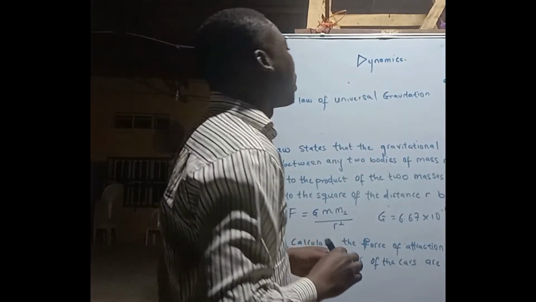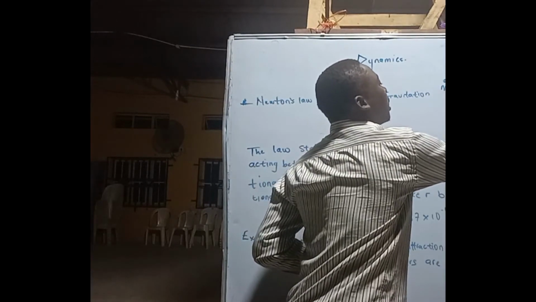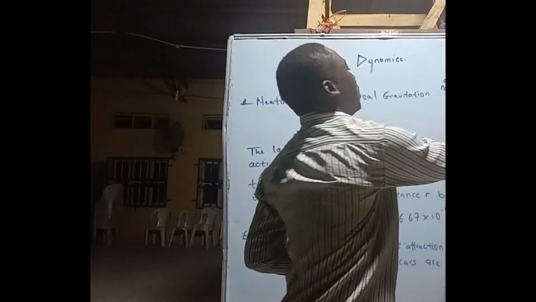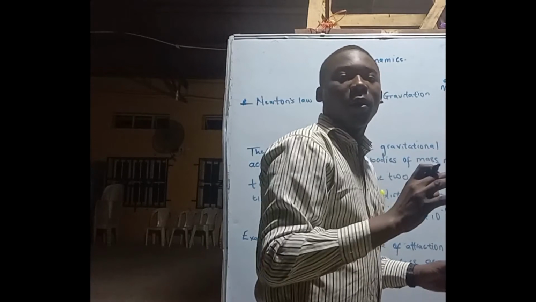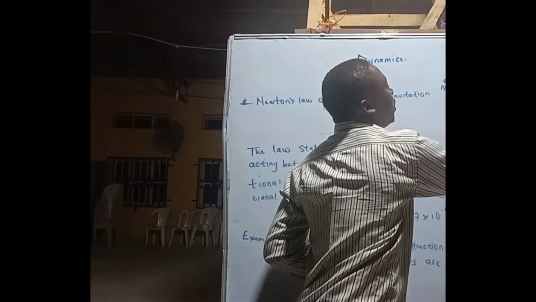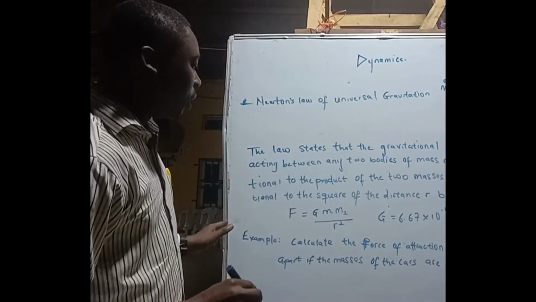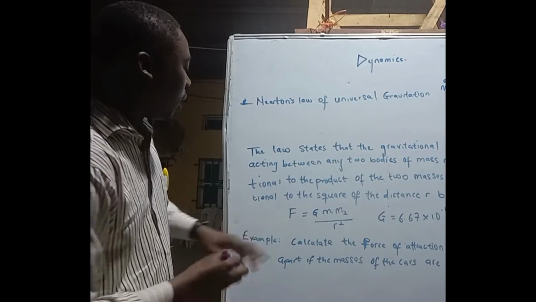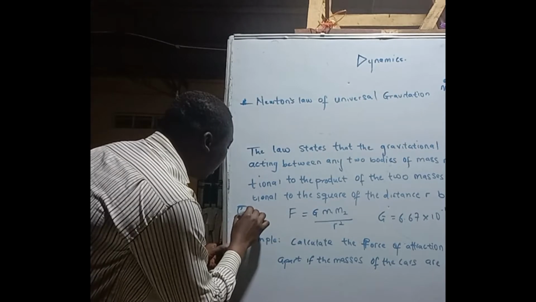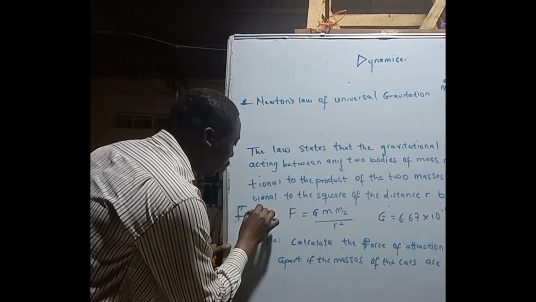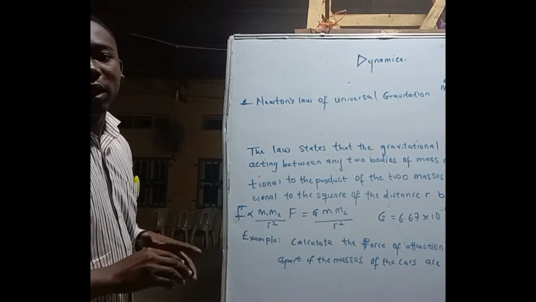The force of attraction between them is directly proportional to the product m1 m2 and inversely proportional to the square of the distance r between them. So this is the formula: F is directly proportional to m1 m2, then inversely proportional to the distance r squared.